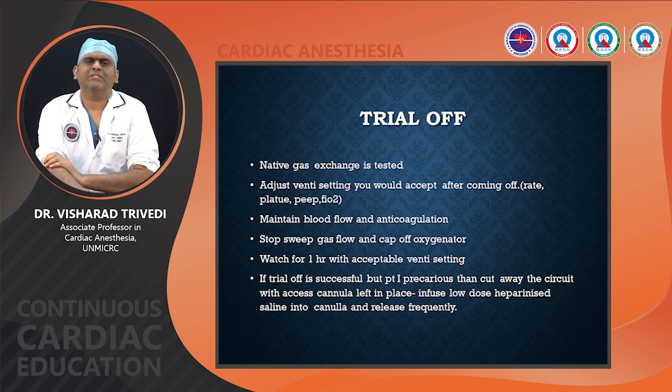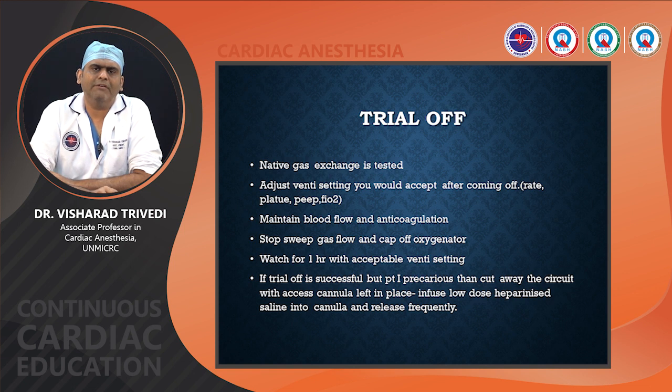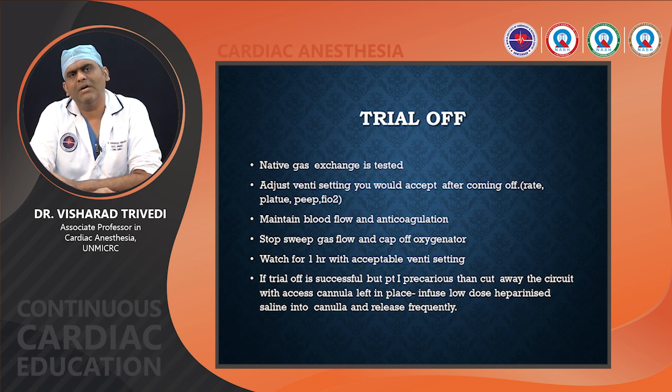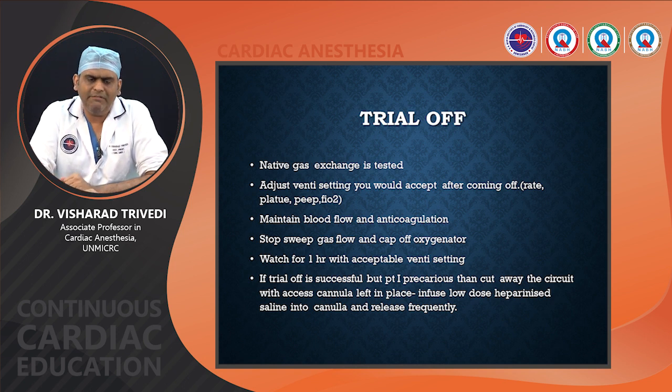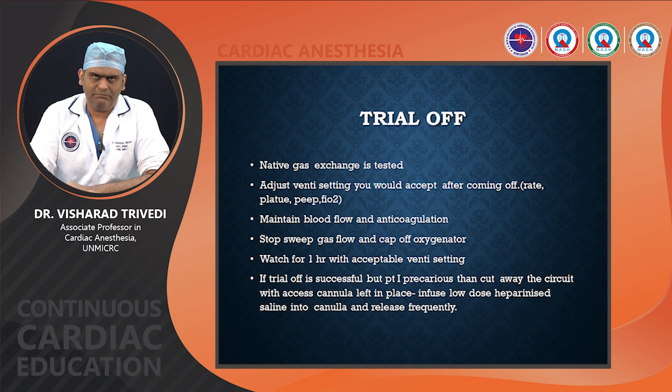If the ABG is appropriate, if PCO2 and PaO2 levels are acceptable, then your trial off will be successful. If the trial off is successful but the patient is precarious, then you have to keep the cannula in place. You have to recirculate the blood in the Veno Venous ECMO circuit for 24 hours, so that if the patient deteriorates again, you can go back on Veno Venous ECMO.